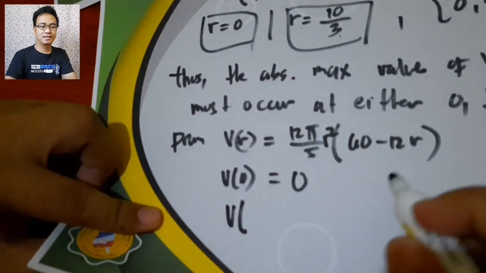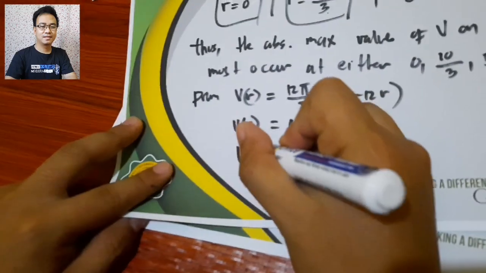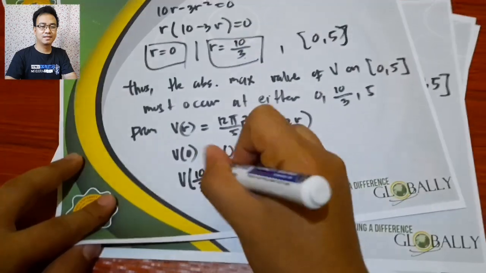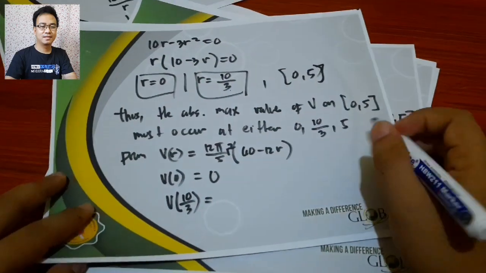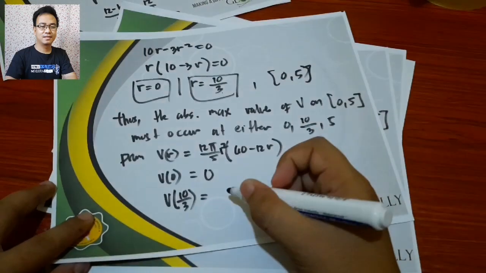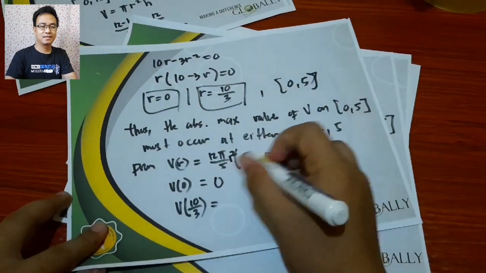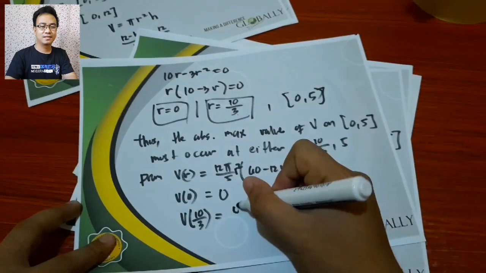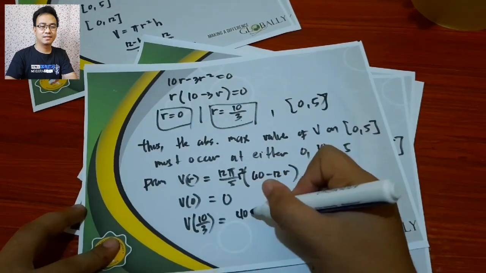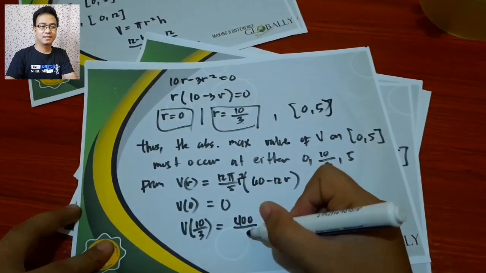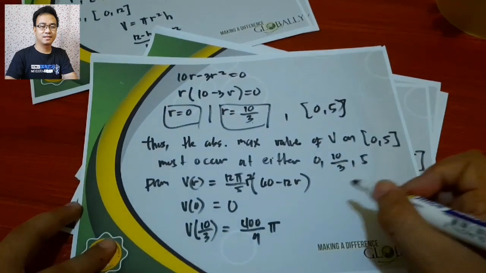And if we substitute R equal to 10 over 3, our resulting value, try to verify this using a calculator, will be 400 over 9 pi.